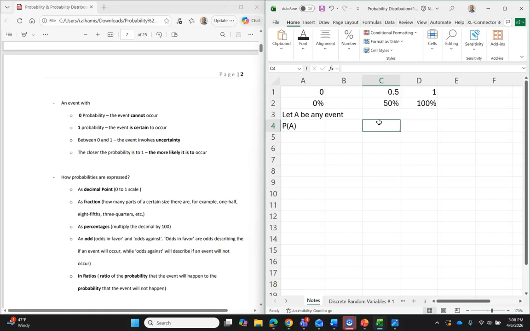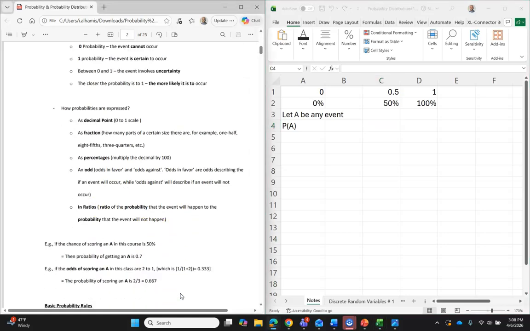But there are some other ways of expressing probability. For instance, we can express probability as odds, also in ratio. And I think those are the main ways of expressing probability. But sometimes we are used to decimals and percentages.